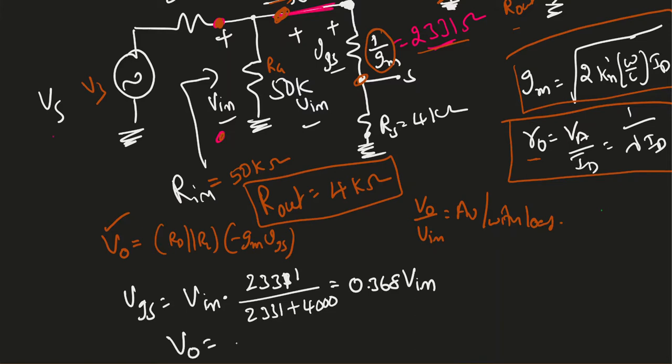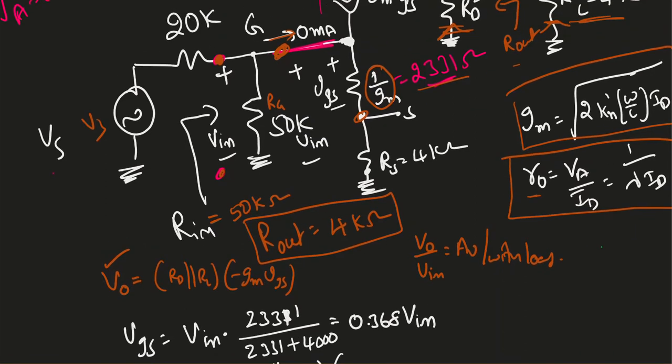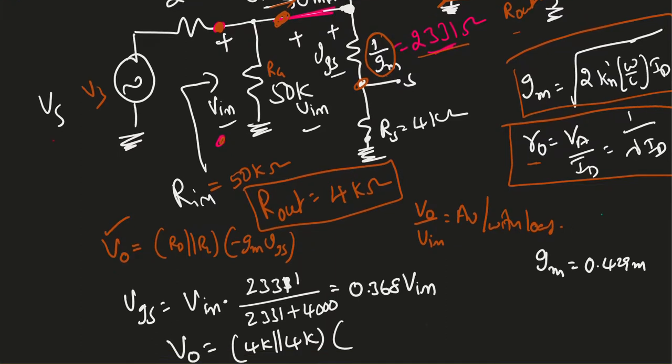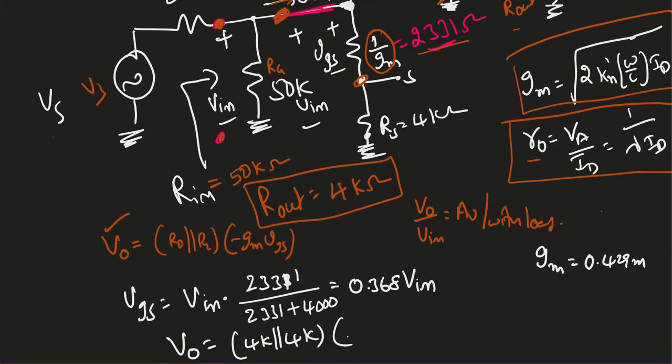So V naught equal to 4K parallel with 4K, which will be 2K, times minus gm. We just found that gm here, gm equal to 0.429 milliampere per volt squared, I believe. So if I substitute that here, minus 0.429 milli, and VGS as 0.368 Vin.